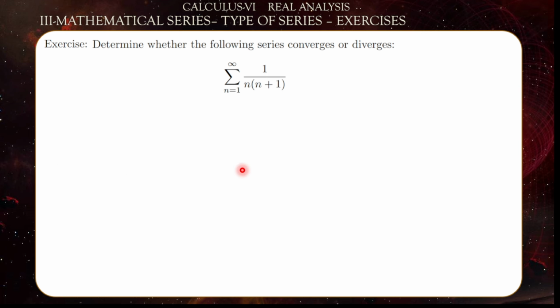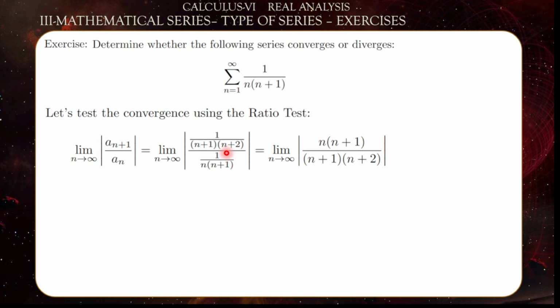Now let's try to check the convergence using the ratio test. The limit as n approaches infinity of a_{n+1} divided by a_n is equal to the limit as n approaches infinity of 1 divided by n plus 1 multiplied by n plus 2.